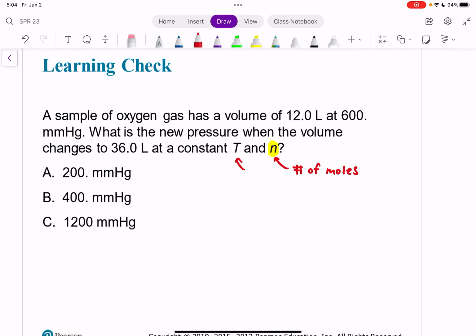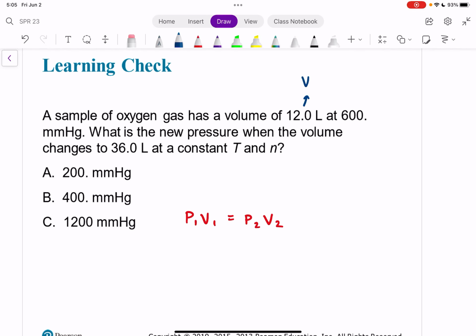So we've got P1V1 equals P2V2. Remember, this equation will be given to you on the exam. The first thing I like to do when I look at these types of problems is assess what I have and what I want. I'm noticing that I have a volume.